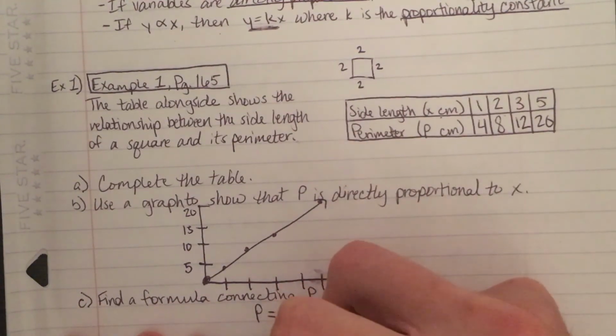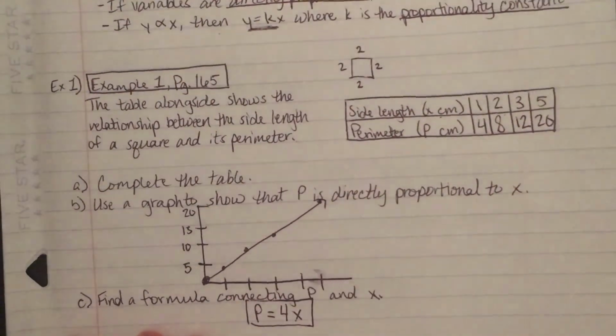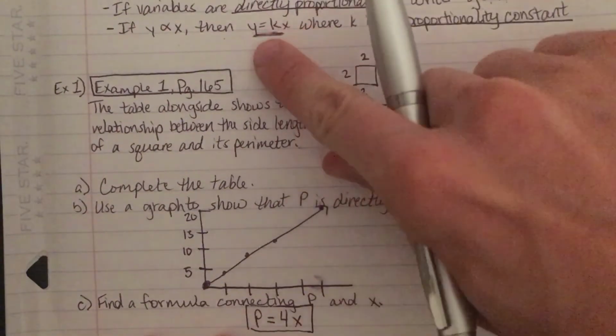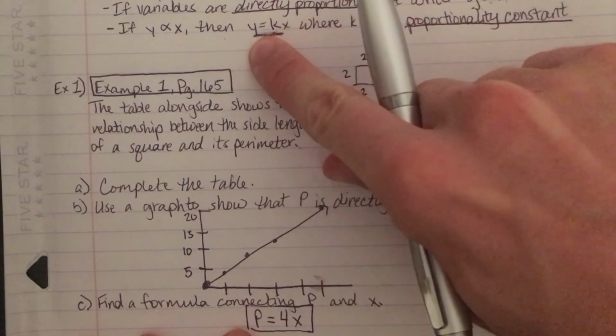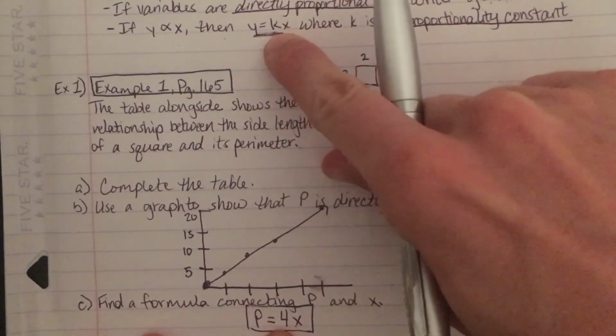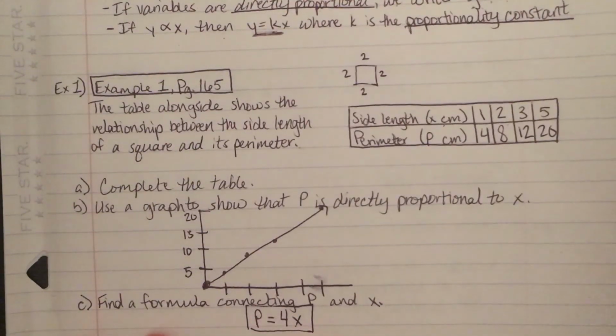We're going to say 4 times X equals the perimeter of a square. This is pretty similar to what we were talking about up here, except P just represents our Y. 4 was our constant of proportionality, and X was just our side length here.